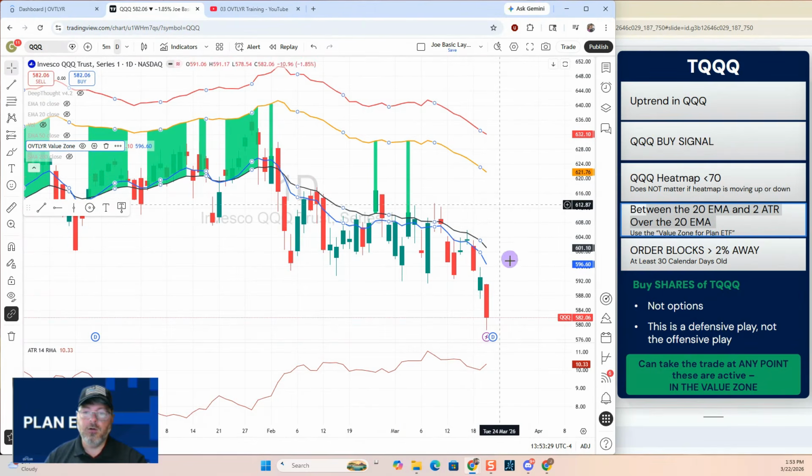But also, we know that the price is right here. This was the closing price on March 20th. Now, I'm recording this over the weekend, so the market is not open. But this price is not above that black line, and it's not below the yellow line. The price would need to be in here to be in the Ovtlyr value zone, okay?